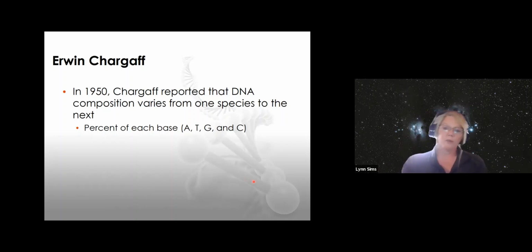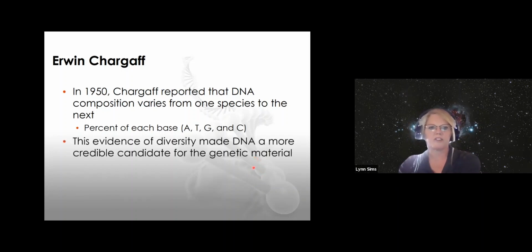So he reported that between species, the composition, or the percent of each base, differs. There are differences between species in terms of, let's say, the percent of adenine versus the percent of guanine. The percent of each base was measured in various species, and that's what he discovered.